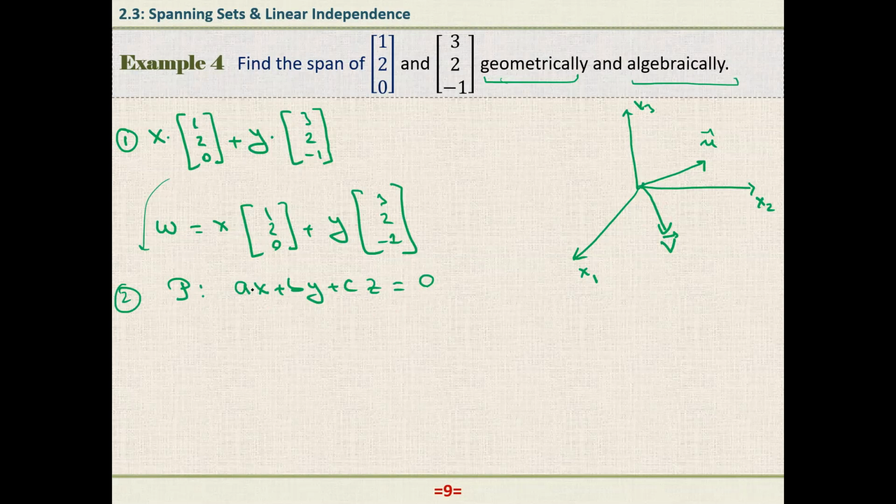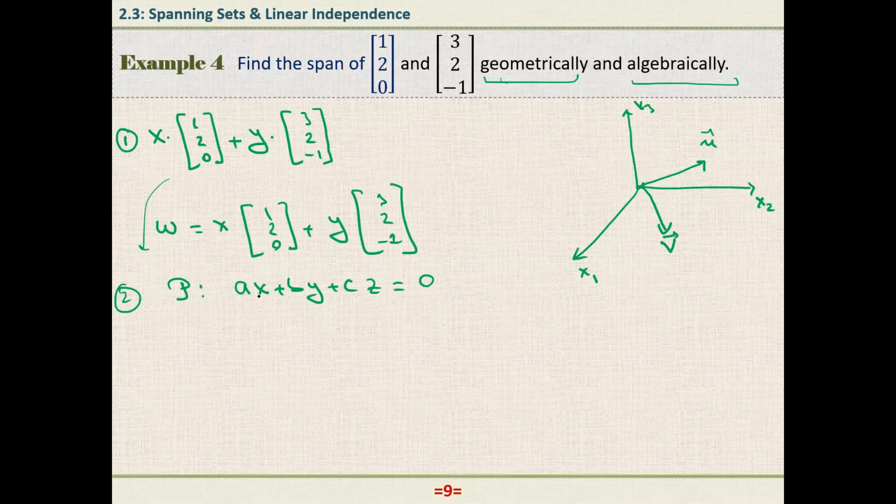Now we know that every vector on this plane is in the span of these two vectors. So if I substitute one vector here, it belongs to this plane, and another vector here, it belongs to this plane too. So we need to solve this equation.